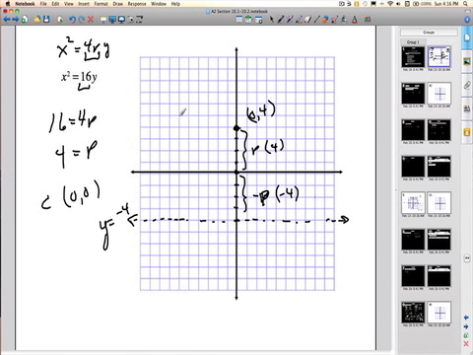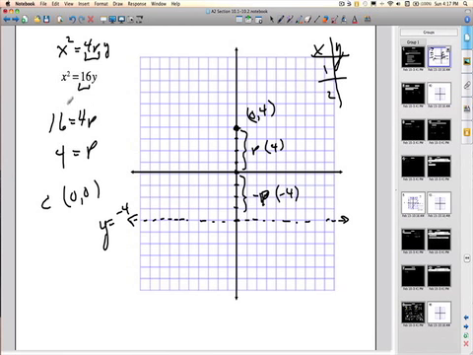Okay? Now, I need to get the details of my parabola, and we're going to do the same thing we used to do when we were doing quadratic equations. We're going to pick values of x. So I could pick 1 and 2 over here. I know I can match them with symmetry to the other side.